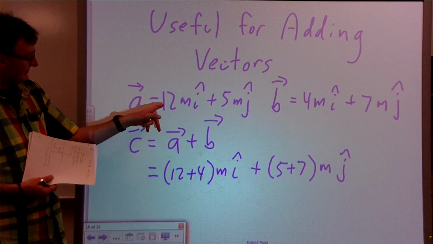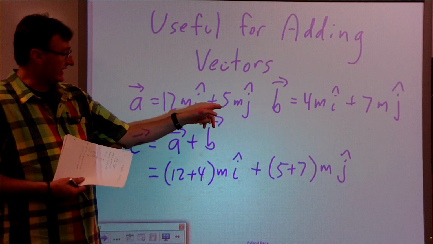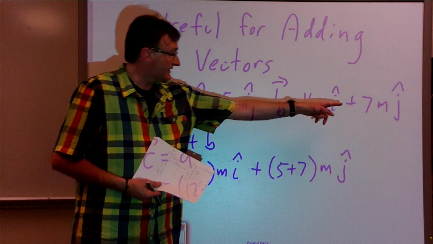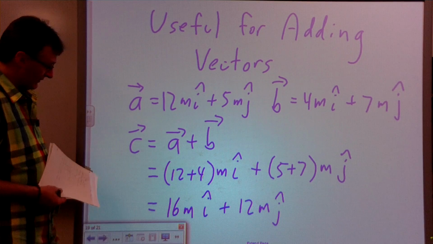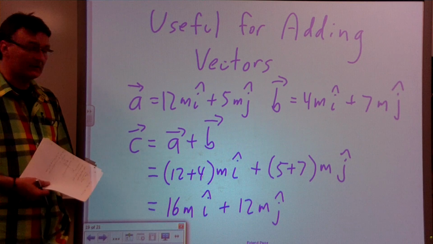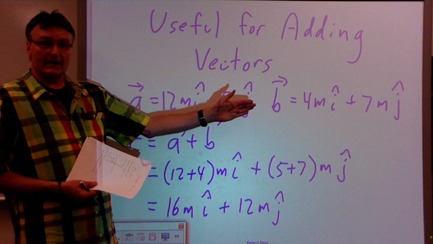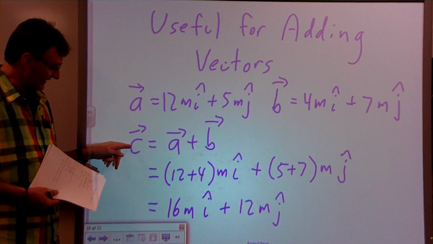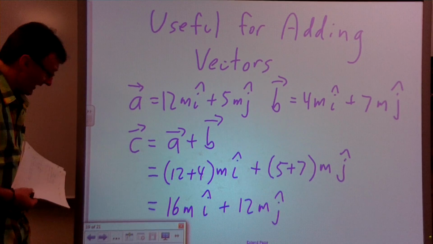The x components would be 12 plus 4, and the y components, or j direction, would be 5 plus 7. That works out to 16 meters i plus 12 meters j. So vector C is 16 meters i plus 12 meters j.